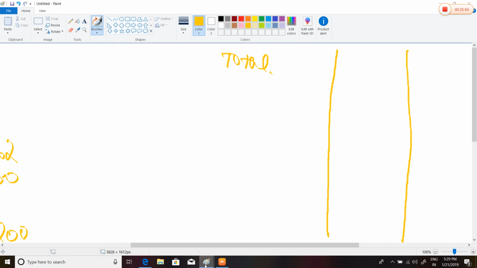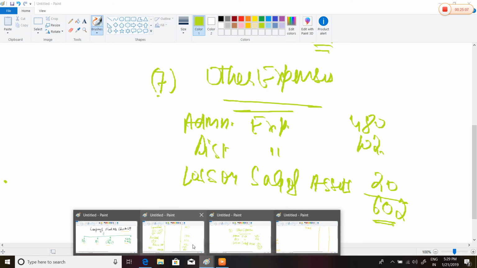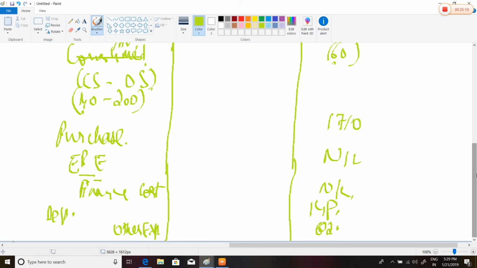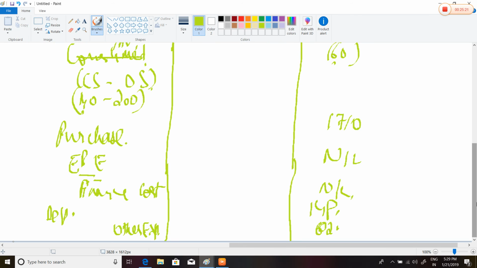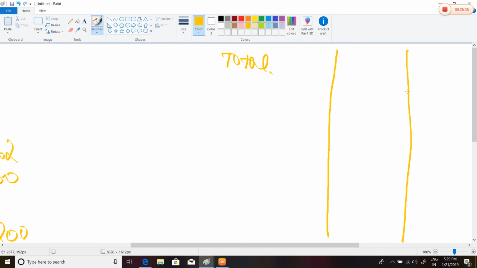Just calculate it. 1710 minus 60 plus 148 plus 602. 2400 is the total. How did we get it? 2400. Profit before tax.